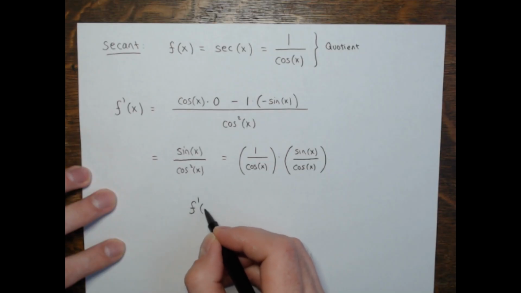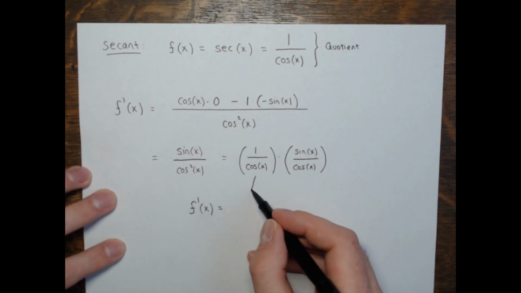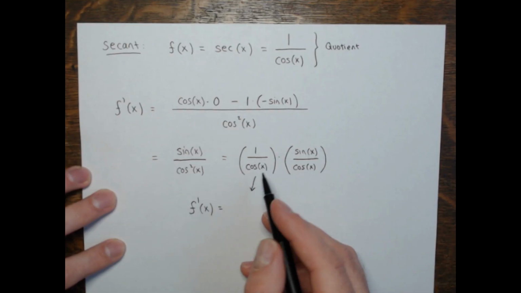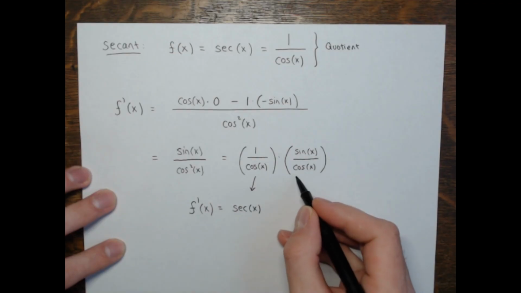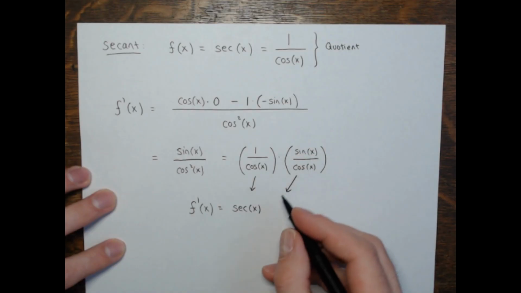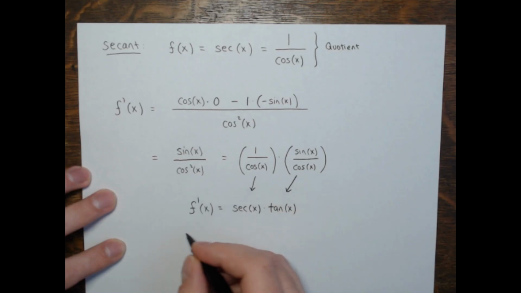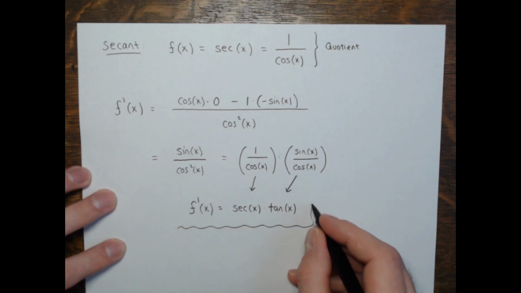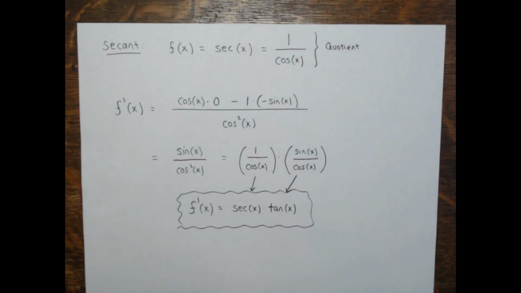So the way you're typically seeing the derivative of the secant function is, one of these factors is 1 over cosine, which is secant. So secant x times, and then the other one's sine x over cosine, so times tangent x. So this is what you're typically seeing in a derivative table.